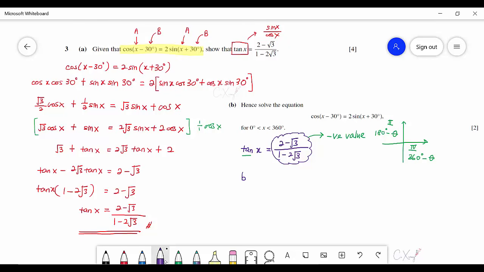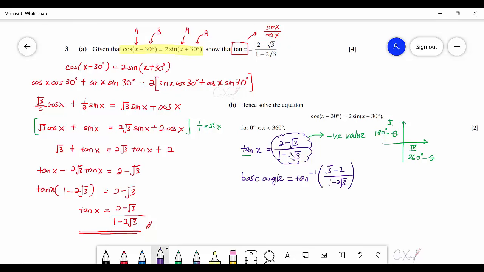To get the basic angle, of course you should press tangent -1. Ignore the negative value for this term. So maybe you can make it become square root 3 minus 2 divided by 1 minus 2 square root 3.